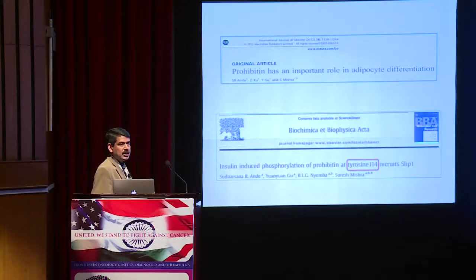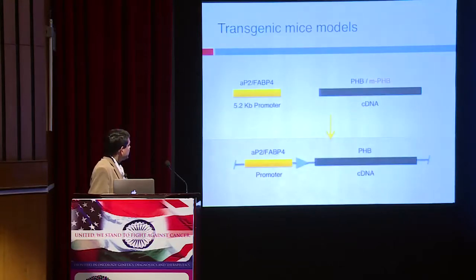We have shown that phosphorylation of PHB at this tyrosine residue downregulates membrane-associated tyrosine kinase signaling, which includes insulin signaling as well as that in different immune cell types. So we wanted to know the biological relevance of these two functions of PHB at the systemic level.